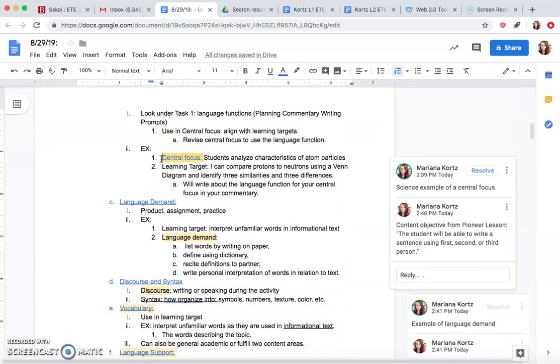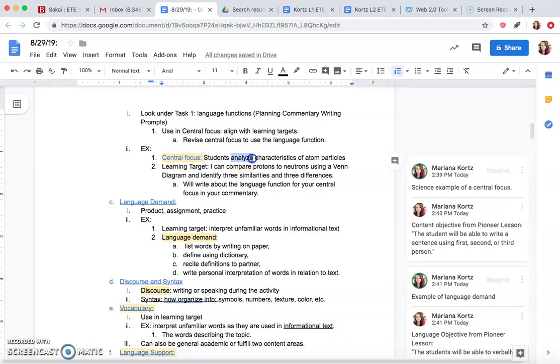From the video had an example for a science lesson, and it said, students analyze characteristics of atom particles. But as I was reviewing some of my previous lesson plans, I found that one of my objectives would be a very good central focus because it included a verb similar to the verb found in the science central focus, and it also included what the students must specifically explain or what they must show.